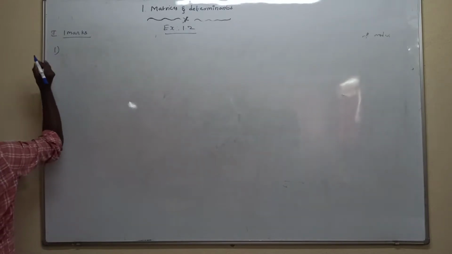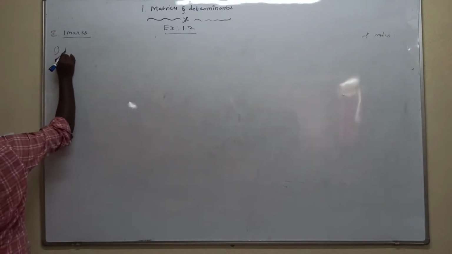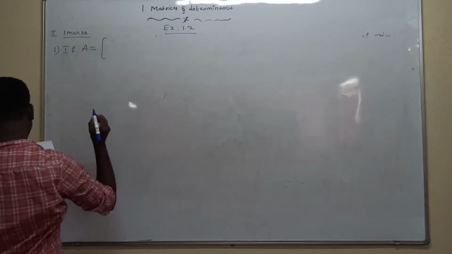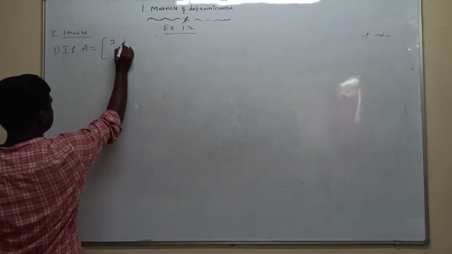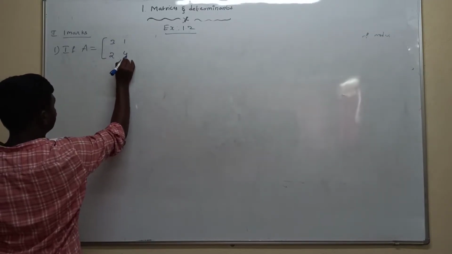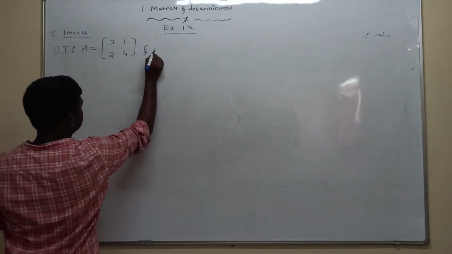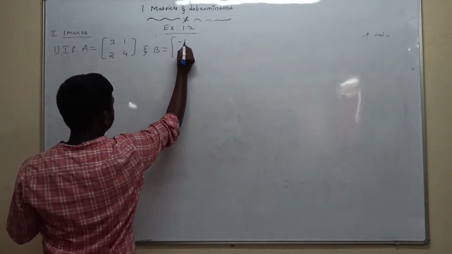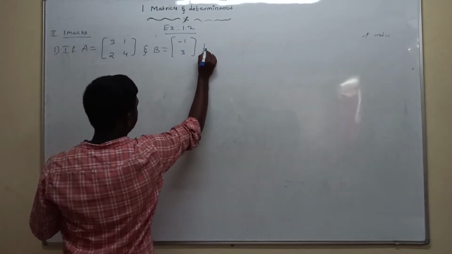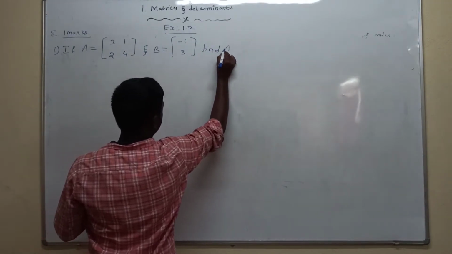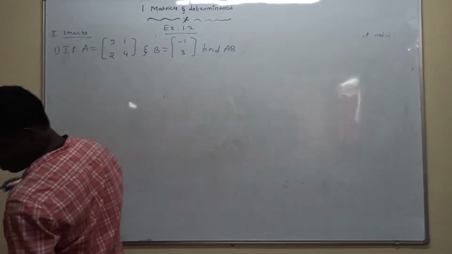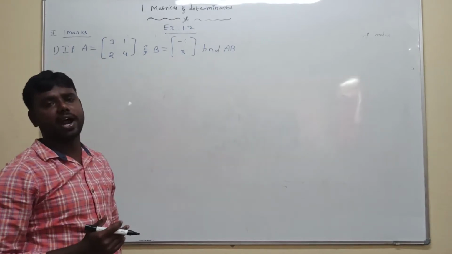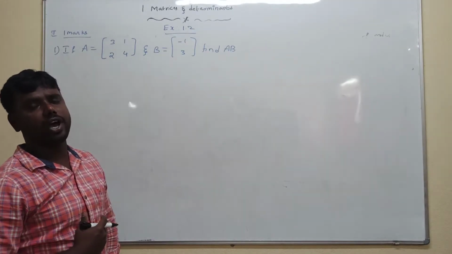The first question is: if capital A is equal to [3 1; 2 4] and B is equal to [-1; 3], find the matrix AB. So very easy. You are understanding the concept of multiplication of matrices. Very easy. Find the AB.